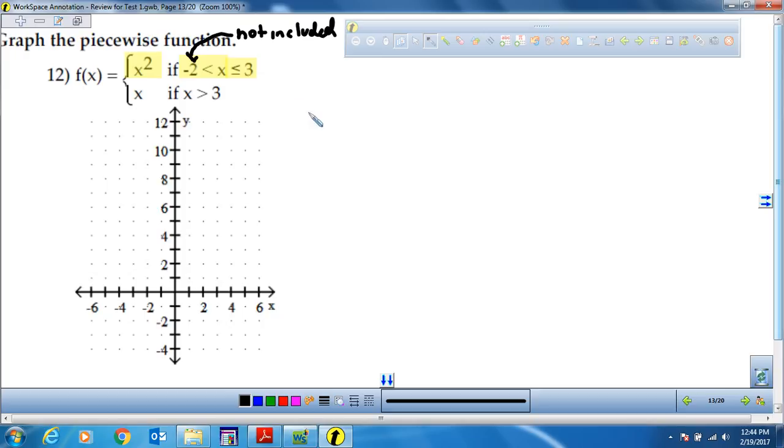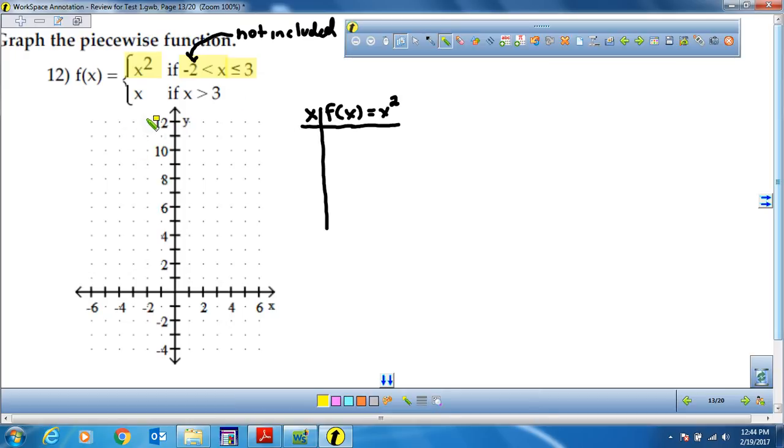So when we create the table for this function, I'm going to start with that parabola f of x equals x squared. And of course, the first thing we're going to do is select all of the possible values of x that can be used for that parabola. It tells me that it consists of any value greater than -2, so it would be -1, 0, 1, but less than or equal to 3, so it's going to go all the way to +3.